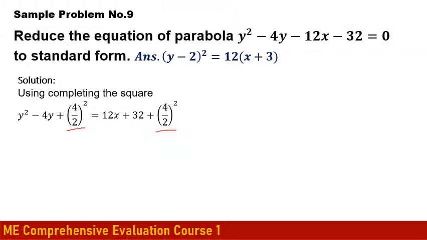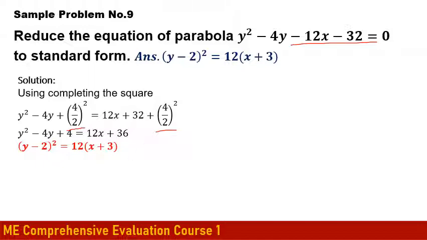The constant terms we put on the right side so that the left side is composed only of the y terms. Then we simplify so that we obtain y squared minus 4y plus 4 is equal to 12x plus 36. We can simplify it further. We move the value of 4 to the right side, then we can extract the value of 12 so that we get (y minus 2) squared is equal to 12(x plus 3).